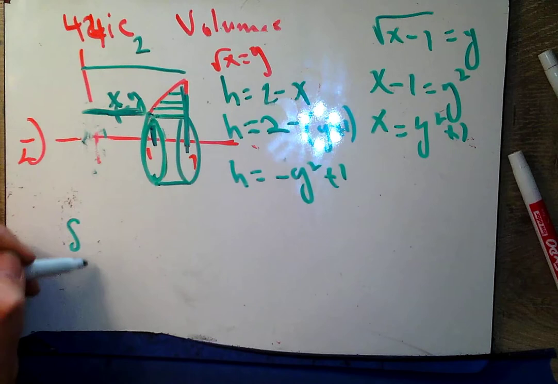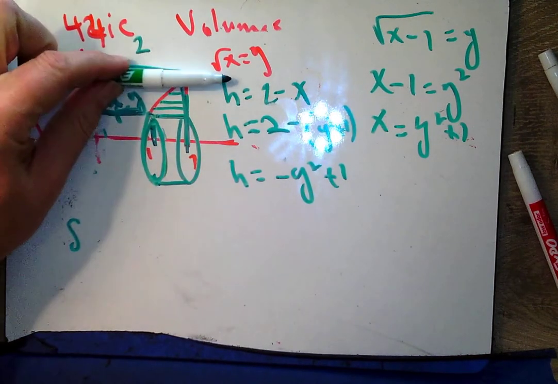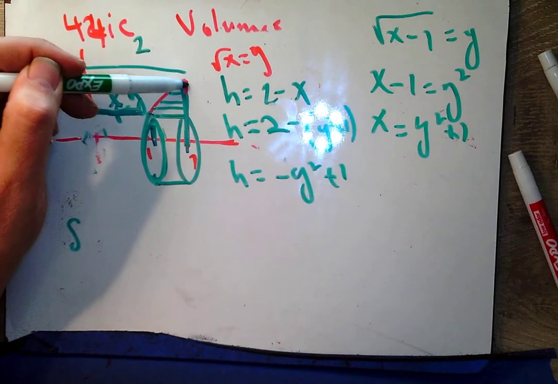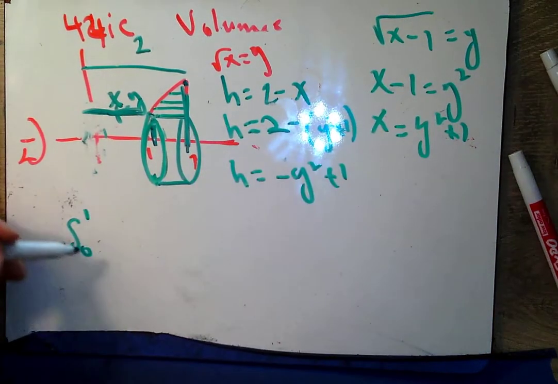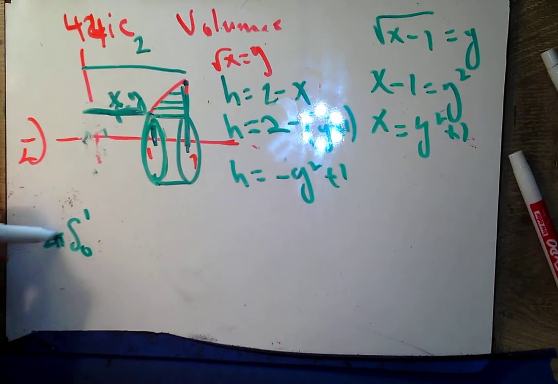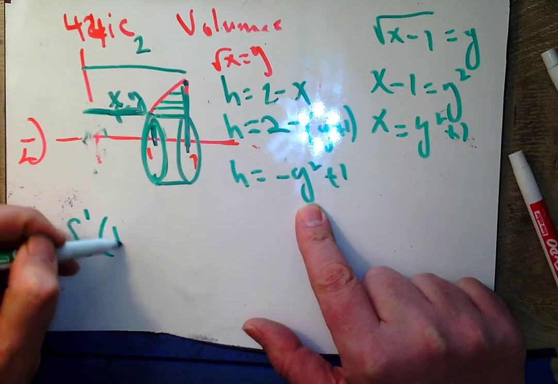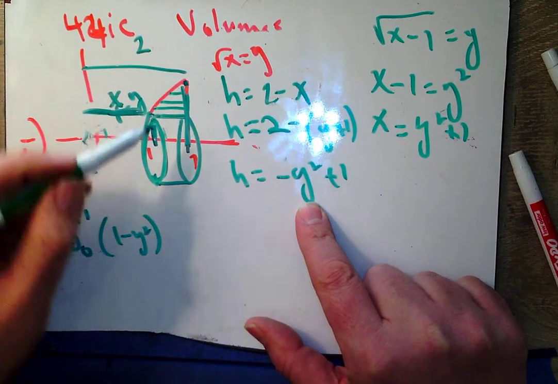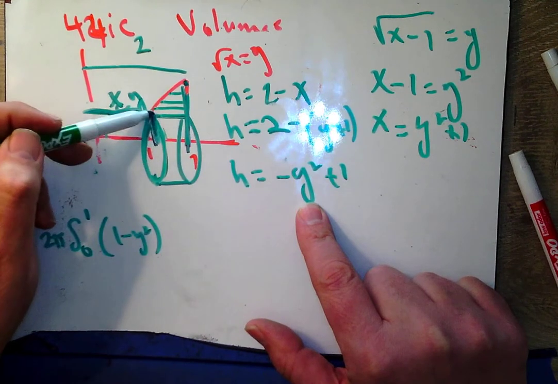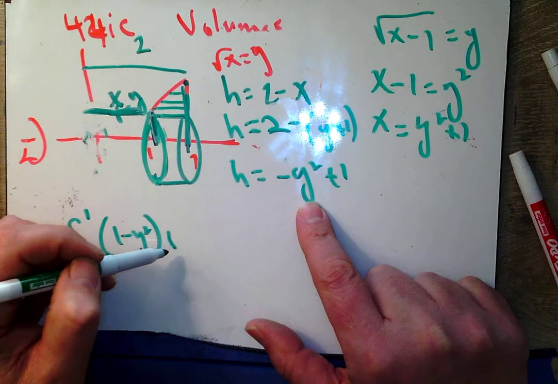So then my integral, and this is dy, so I'm going from 0 to, what's the y value here at 2? 2 minus 1 is 1, square root of 1 is 1. So I'm going from 0 to 1 of 2 pi. The height is 1 minus y squared, and the radius, remember, was that y value.